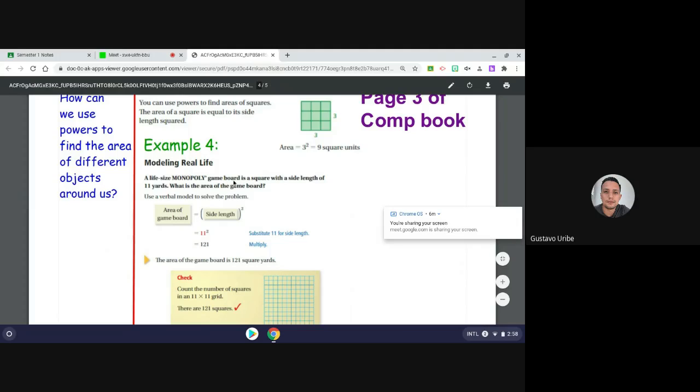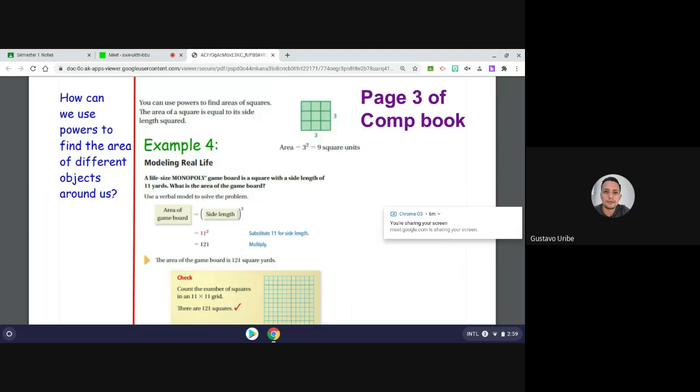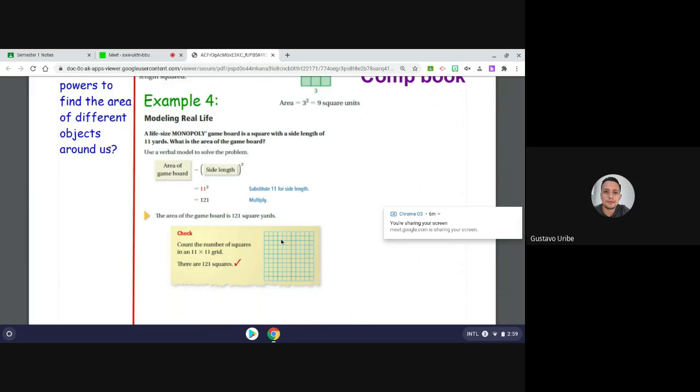Modeling real life. A life-size Monopoly board is a square with a side length of 11 yards. What is the area of the game board? So the area of the game board is equal to its side length squared. So here is an example, right? If I count the length and then square it, this is an 11 by 11 grid.